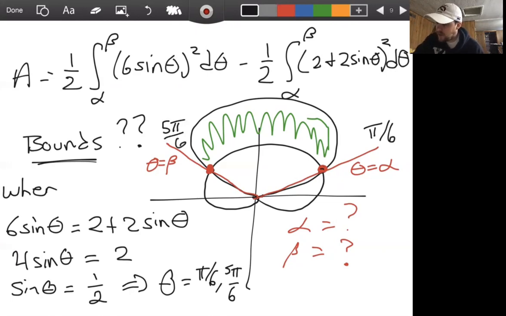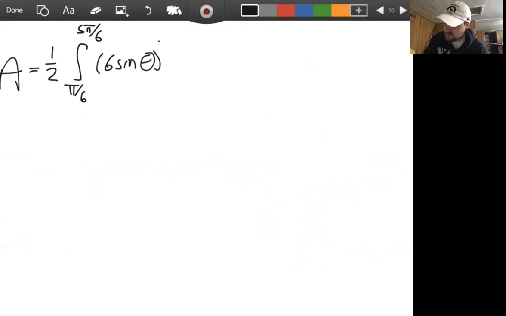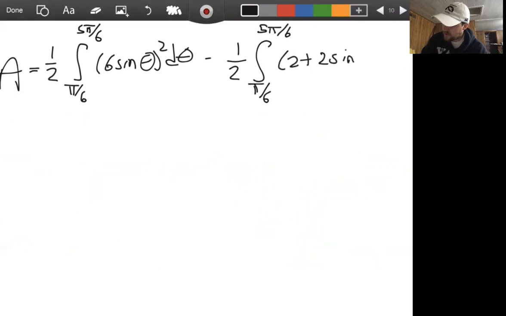And so we can now get a full expression to solve for the area between these two curves. It's 1/2 integral from pi over 6 to 5 pi over 6 of 6 sine theta squared d theta, minus 1/2 integral from pi over 6 to 5 pi over 6 of the quantity 2 plus 2 sine theta squared d theta.